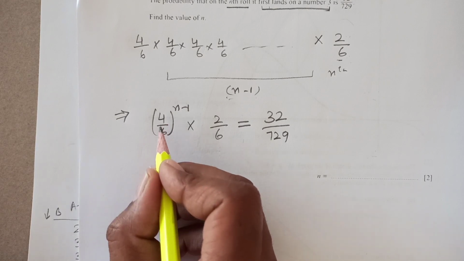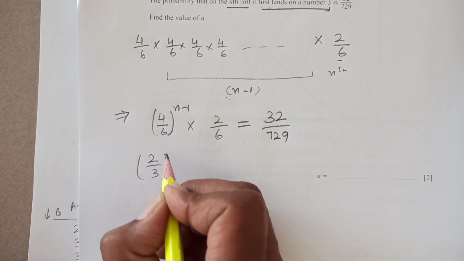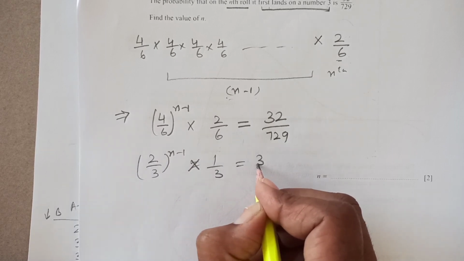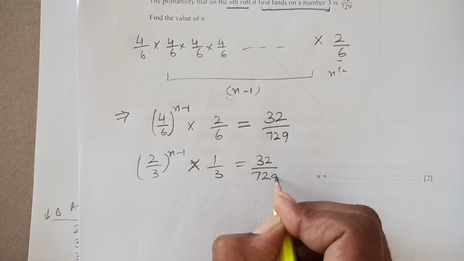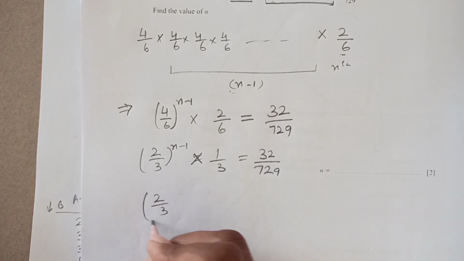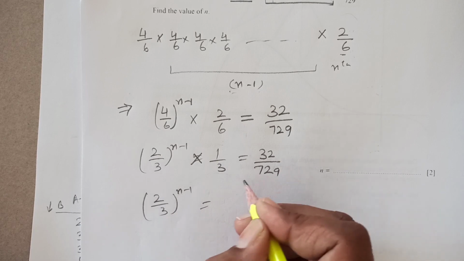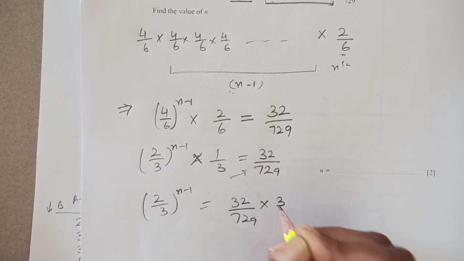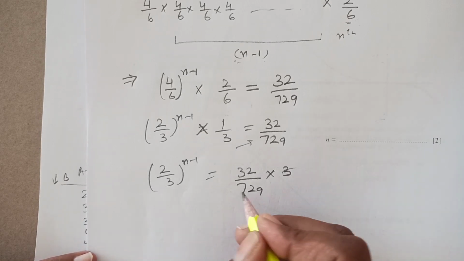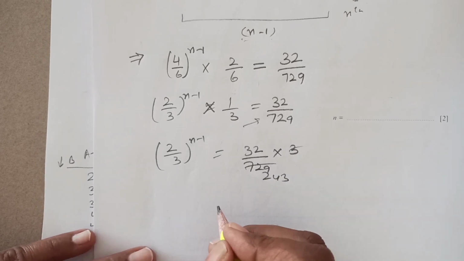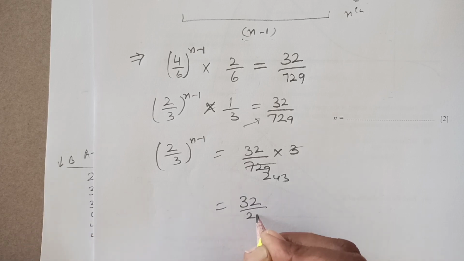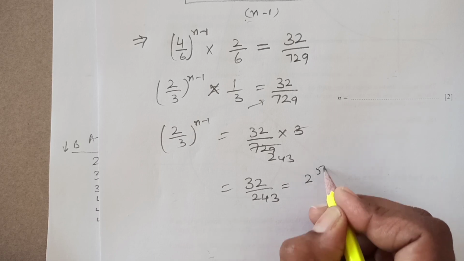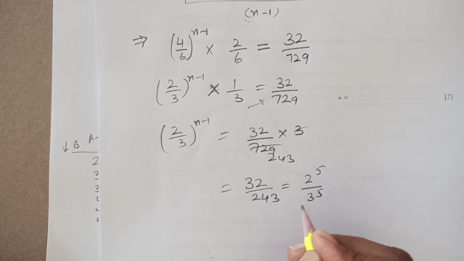If you simplify, this is 2 over 3 power n minus 1, times 1 over 3, equals 32 over 729. So 2 over 3 power n minus 1 equals 32 over 729 times 3, which simplifies to 32 over 243, which is 2 power 5 over 3 power 5.